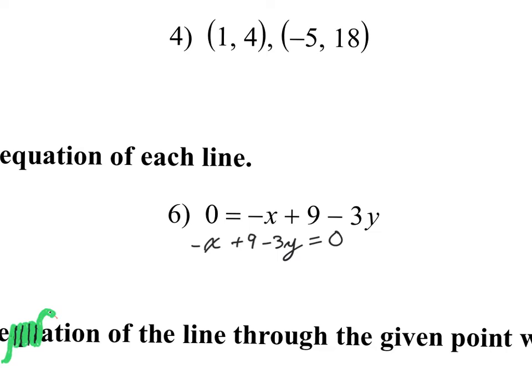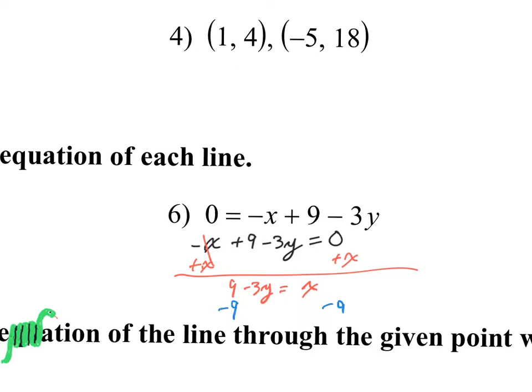So what we're going to do first, we're going to use inverse operations. We're doing the opposite. So plus x. That cancels out, and I'm left with 9 minus 3y equals x, because 0 plus x is just x. Then I'm going to try to move that 9, an inverse operation again. That's a positive 9, so I'm going to use a negative 9 to move it.